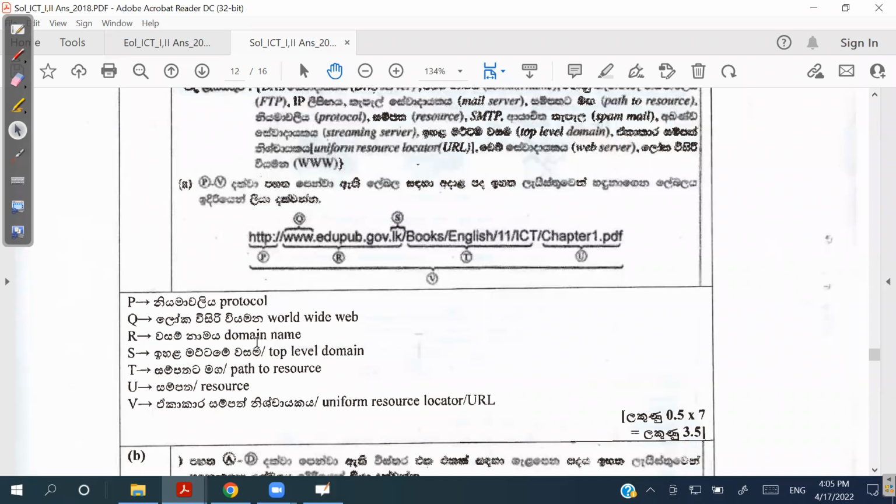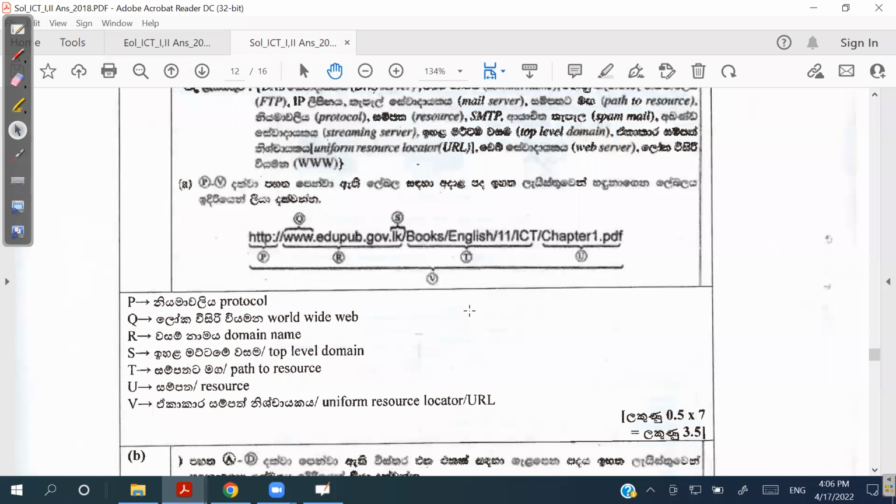R is the domain name, which is www.edupub.gov.lk. S is the top level domain, and T is the path to the resources, and U, it is the resource, and the entire thing is called a URL, Uniform Resource Locator.